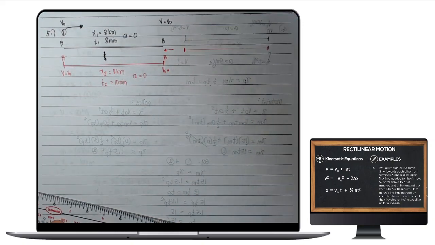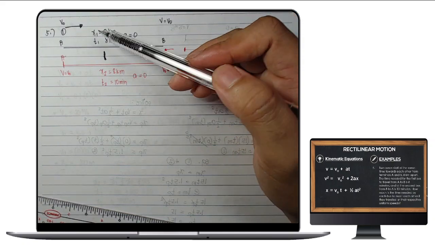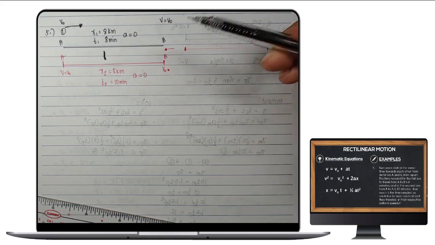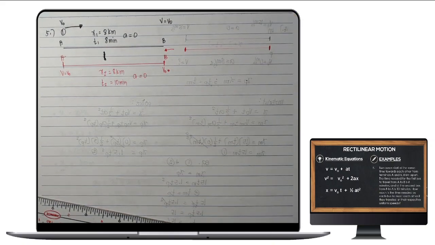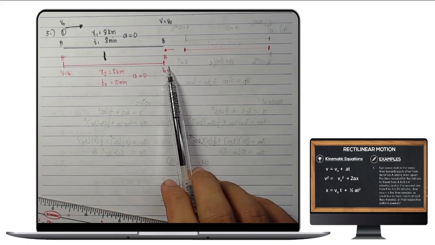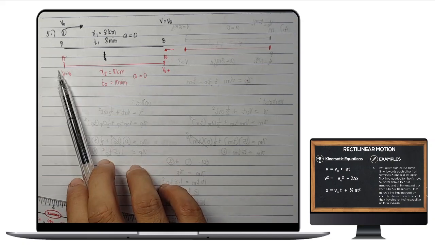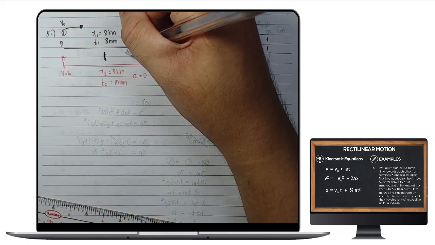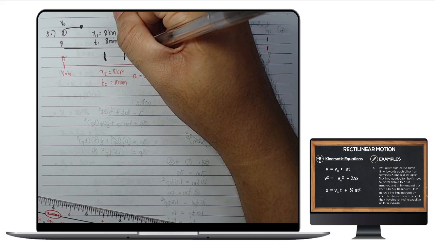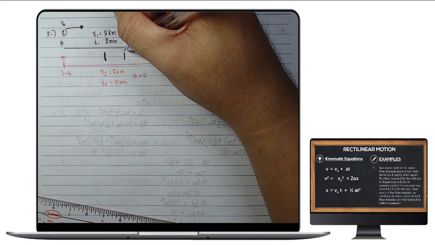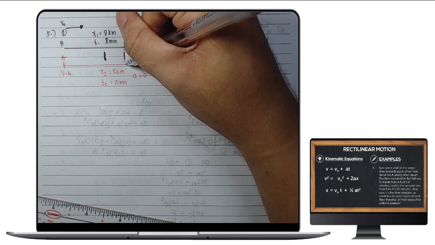To make it more realistic, we can say that bus 1 is faster than bus number 2, because it only took 8 minutes to travel from point A to B, whereas the second bus traveled from point B to A for 10 minutes. So bus 1 is faster, and so bus 1 will cover a larger distance. So let's say they met at this point.